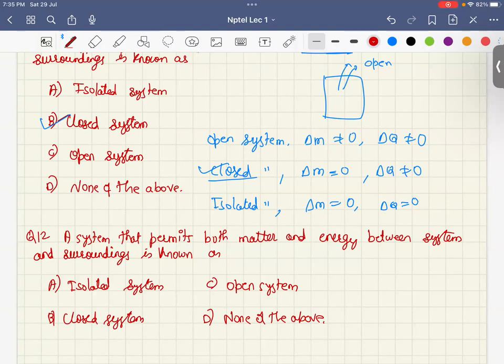The correct answer is option C, right? Open system.